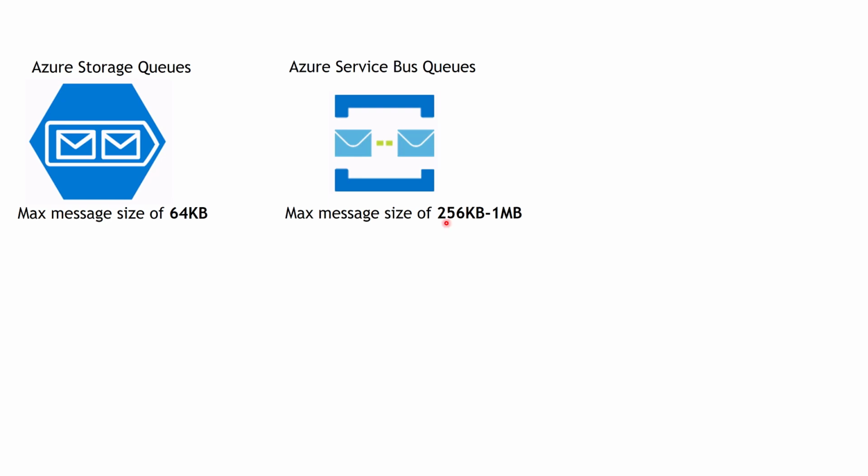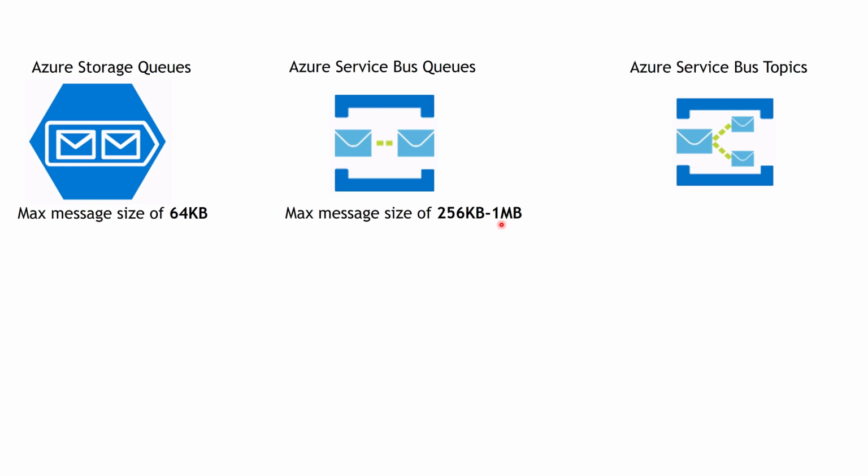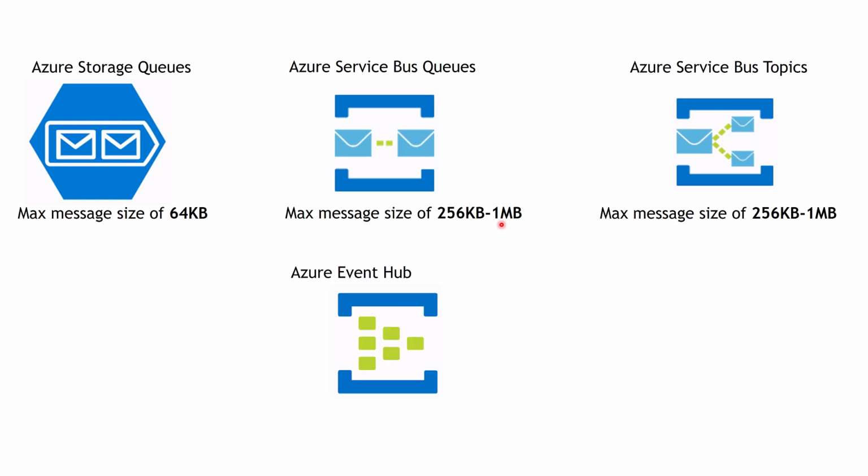If you use the standard tier, the maximum message size is 256K, and if you use the premium tier, it is 1 megabyte. Azure Service Bus Topics have exactly the same limits as Azure Service Bus Queues. And finally, Azure Event Hub supports a maximum message size of 256K.